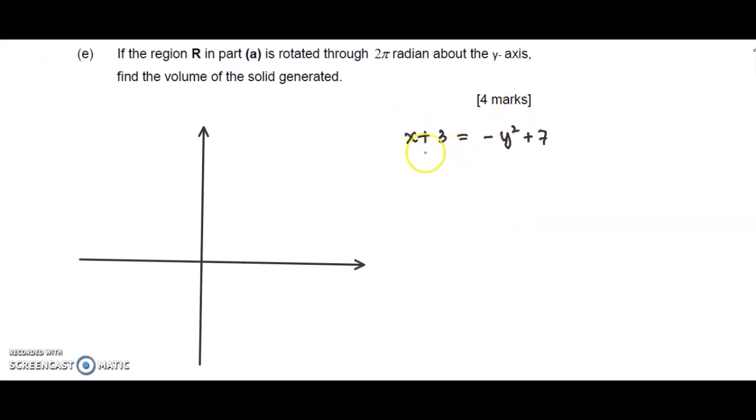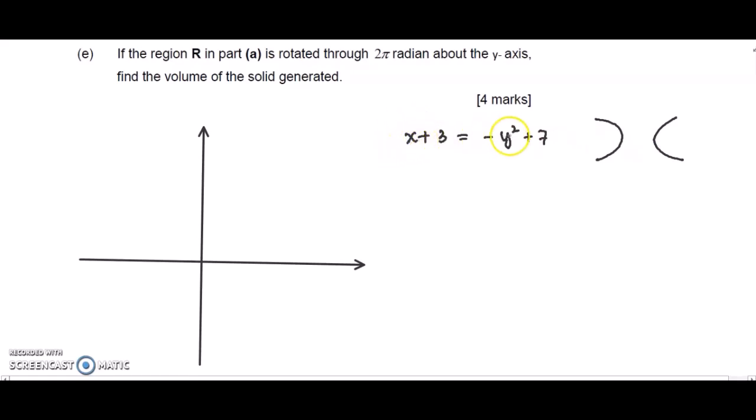Yeah, if I would like to sketch this curve, I can see that the square is at the y, meaning that the curve is either open to the left or open to the right. It's a parabolic shape, but it's not open upwards or open downwards. Open upwards and open downwards is a quadratic curve that we learned before. That is when the square is at the x.